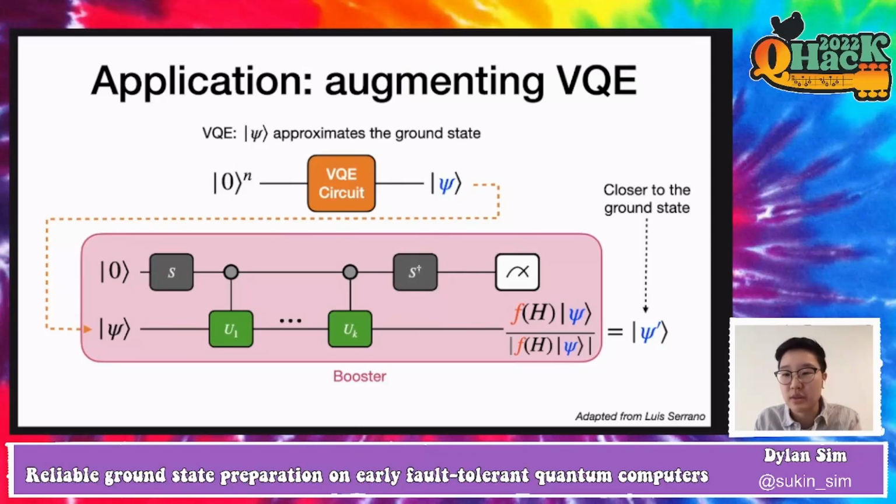Because you may have some level of error correction, and I don't know if running VQE on that type of device will be as simple as just varying the angles and directly implementing, like we do on NISQ devices. So I think a little more thought has to go into what VQE would look like on these types of new devices. But for that question that was asked, we do believe that boosters are probably implementable on especially post-NISQ devices.